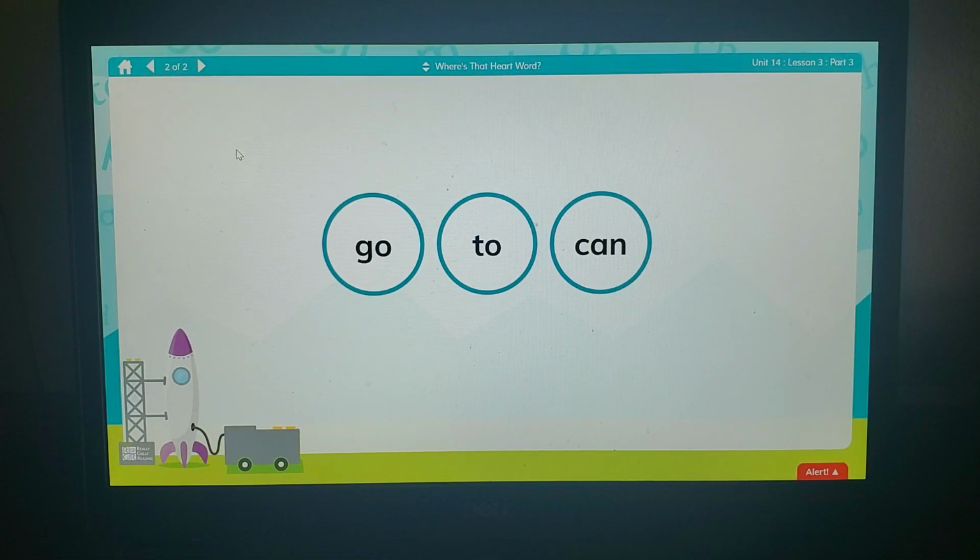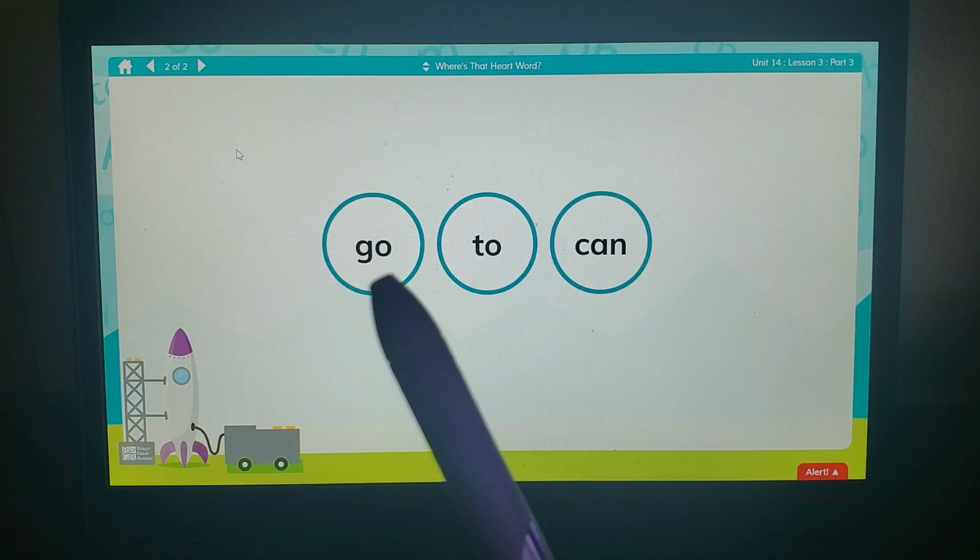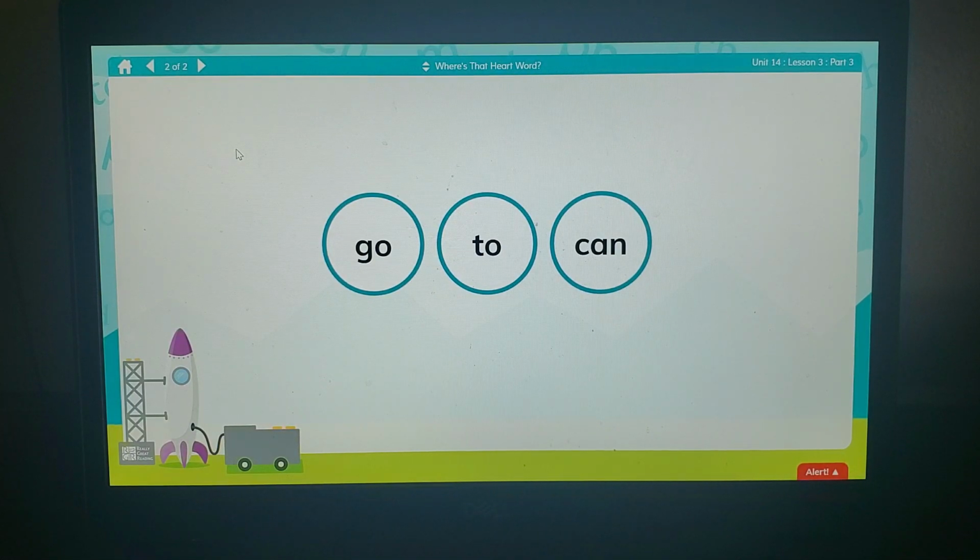Which word is at the beginning of the row? Go is at the beginning of the row. Which word is at the end of the row? Can is at the end of the row.